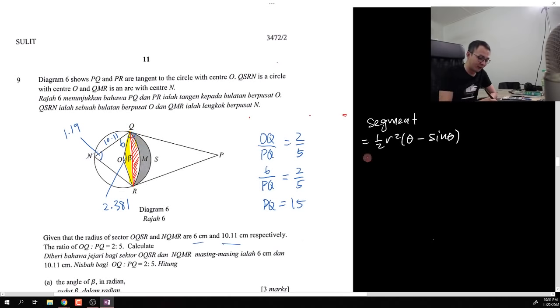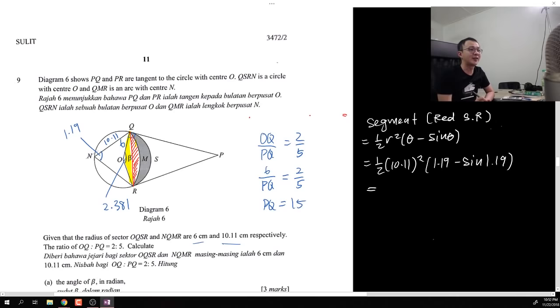So therefore, I will do half times 10.11 squared, and then theta is 1.19 minus sine 1.19. Okay, I'm doing this because I want to find the red color shaded region. Alright, so at least you got some idea here.